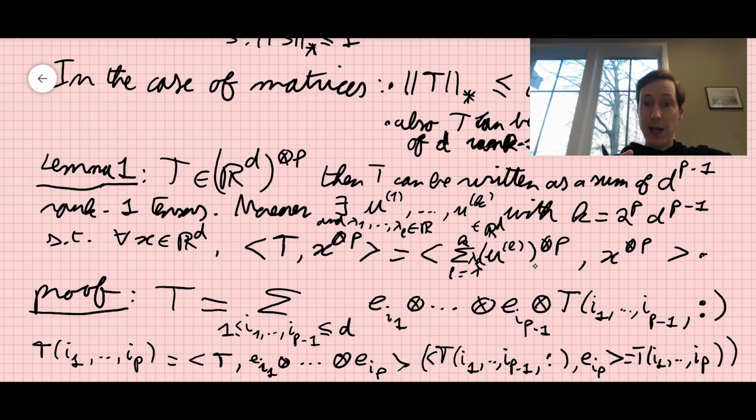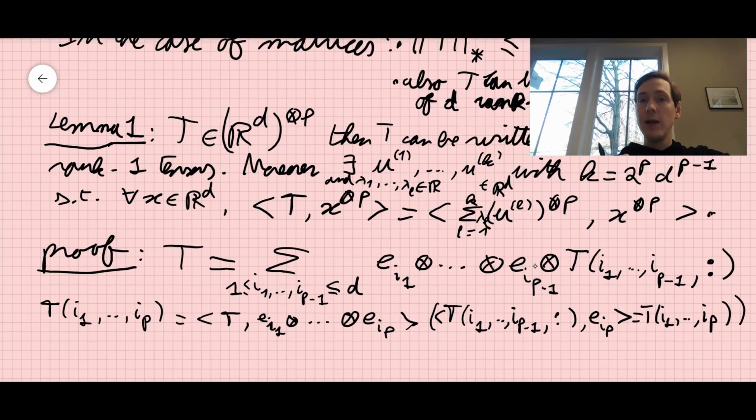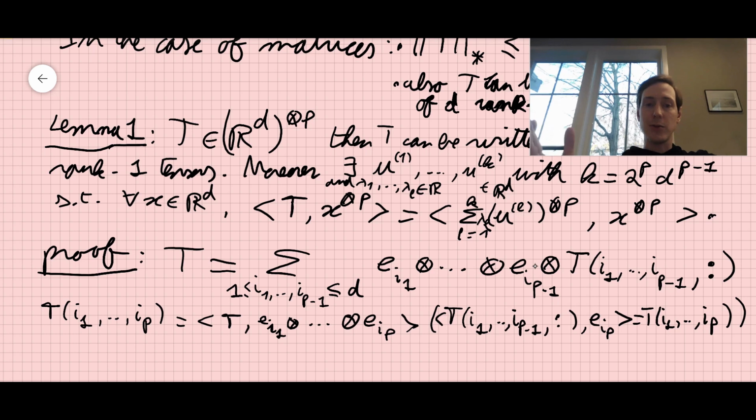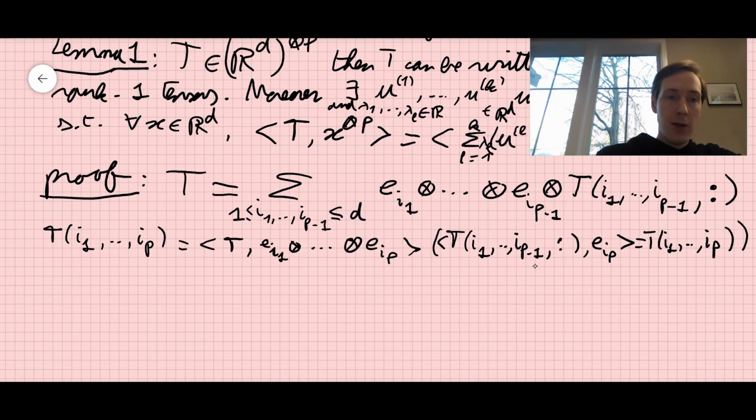Now for the second fact, all I need to do is to show you that a non-symmetric rank 1 tensor can be written as a sum of 2 to the p symmetric rank 1 tensors, as far as the action on symmetric tensors is concerned. So now, second claim.